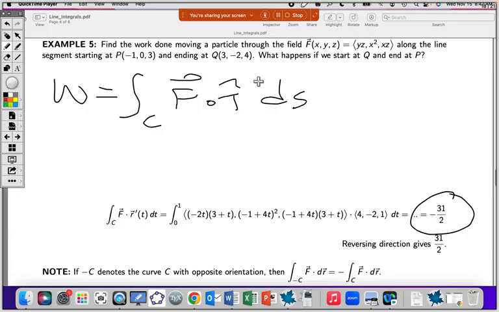So let's look at the integral here. The ds, remember, that's your arc length differential. This is always going to be what kind of number, ds?